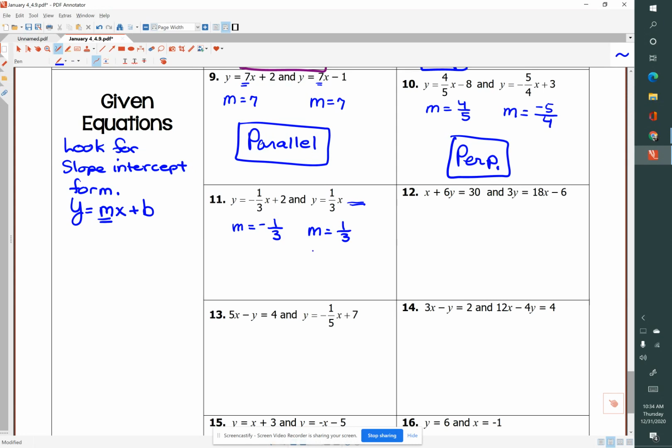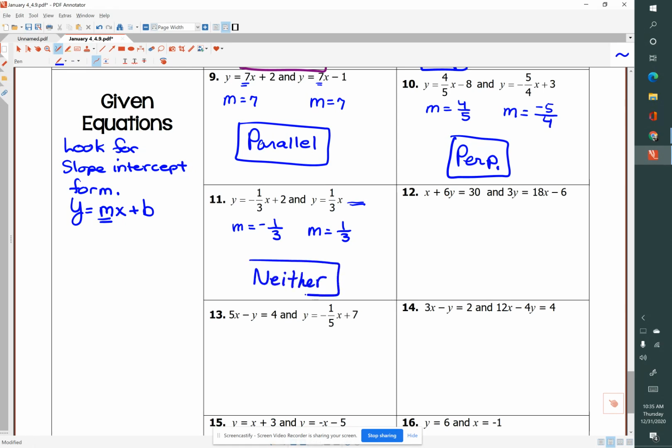Okay, don't be fooled by this. These lines are neither parallel nor perpendicular. In order for the second equation to be perpendicular to the first one, we'd have to have a slope of 3. 3 is the negative reciprocal of negative 1/3, not 1/3. So this is neither.